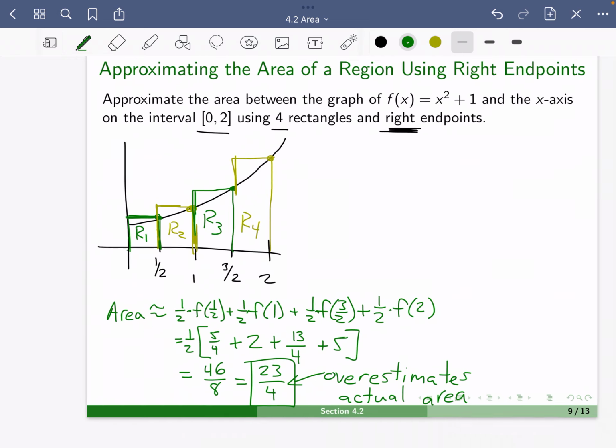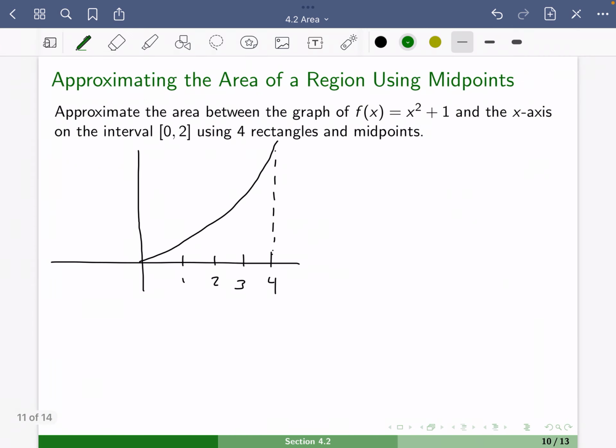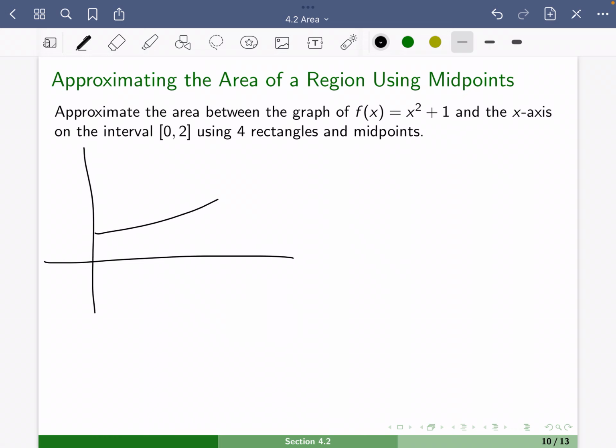I know this video is getting long, but let's do one more because we're going to work with the same example. Let's look at some midpoints. Here we have 2, here's 1, 3/2, 1/2.